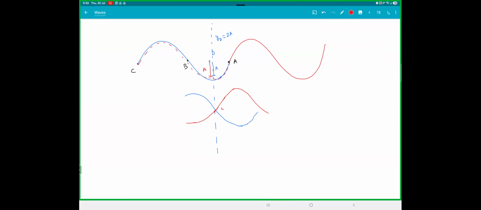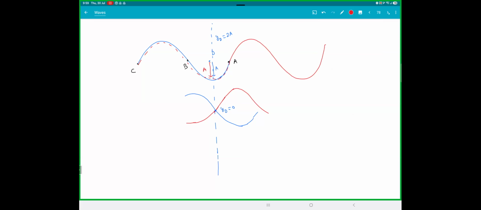If you look at here, the red is pushing with 0. The blue is also pushing 0. Both are 0 basically. So at this point here, displacement is 0. Both are giving you 0. So if you see this point D, right, it is going from 0 to 2A. Sometimes it is going double, sometimes it is not going double.